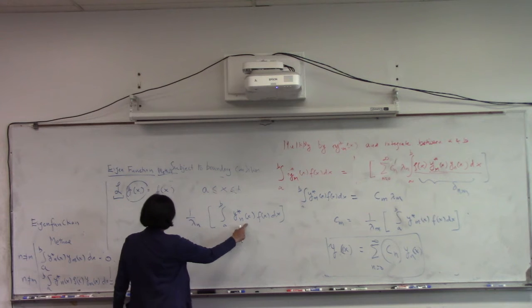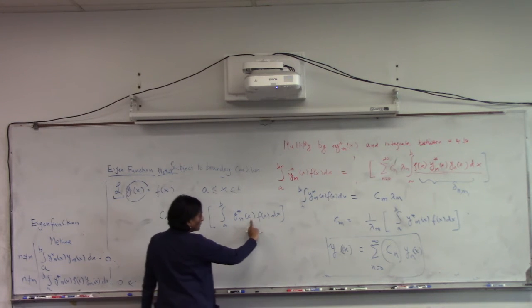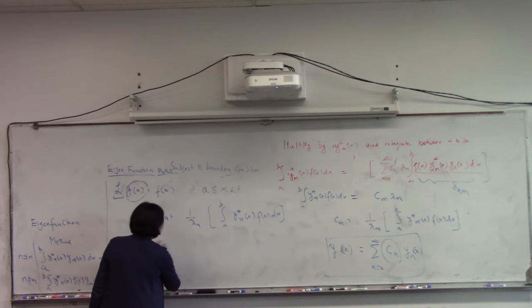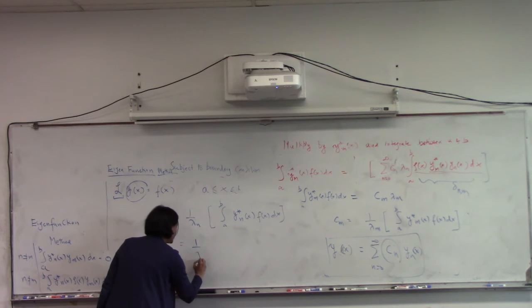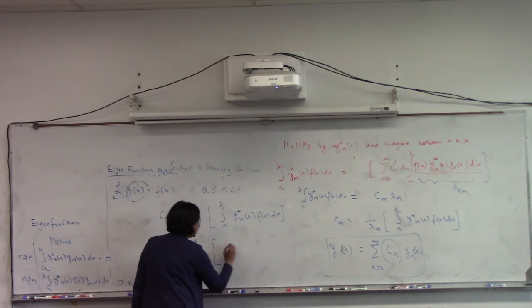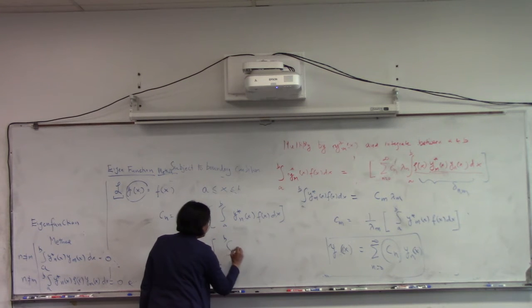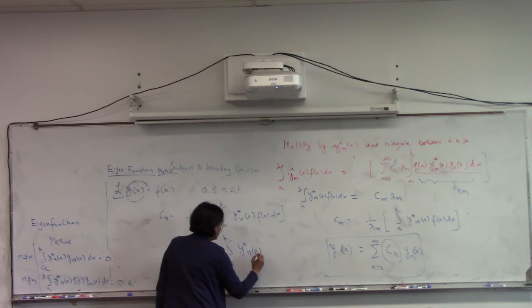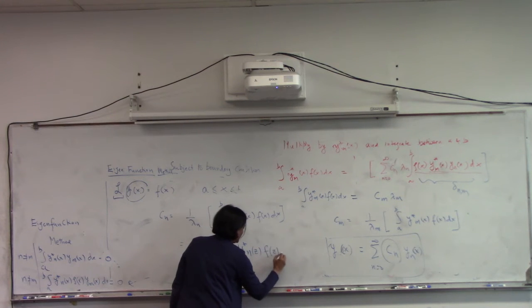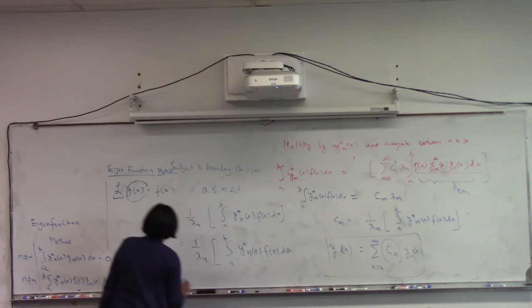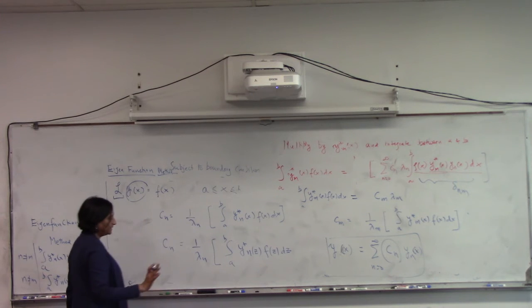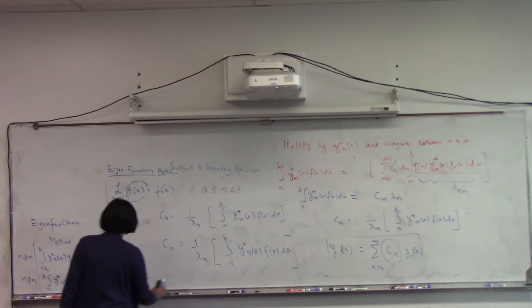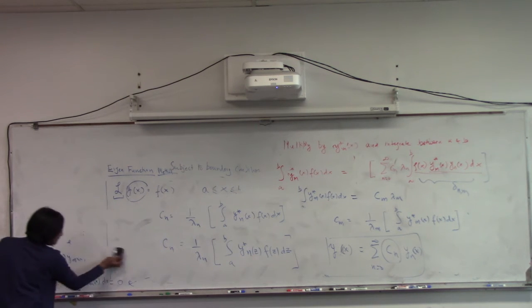Here, this x is a dummy variable, so I don't want to keep that. So we have to write it so I get the correct expression. I can write it like this. Why am I doing it? Actually, this is what is going to give me the Green's function eventually.